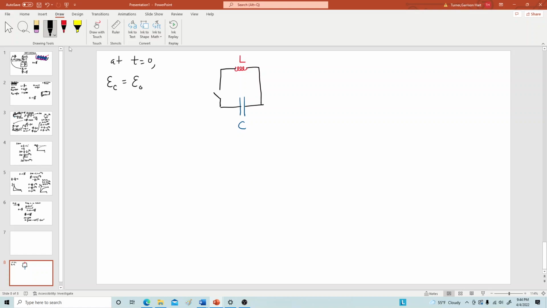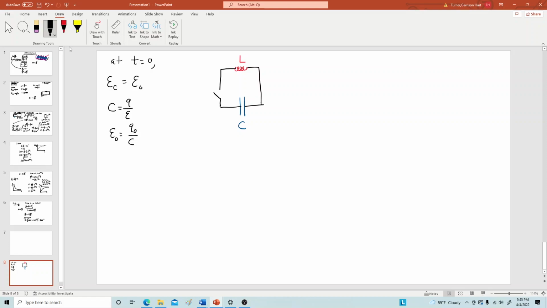Remember that C is equal to Q over potential. So at t equals 0, what that would imply is that epsilon naught is equal to the total amount of charge that we have in the system divided by C.